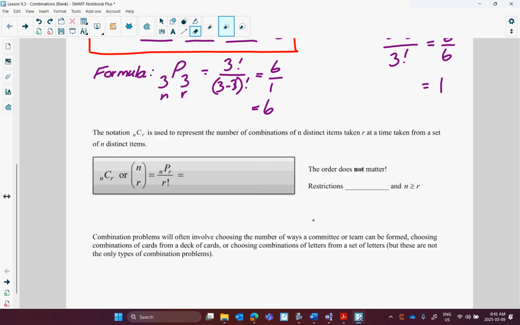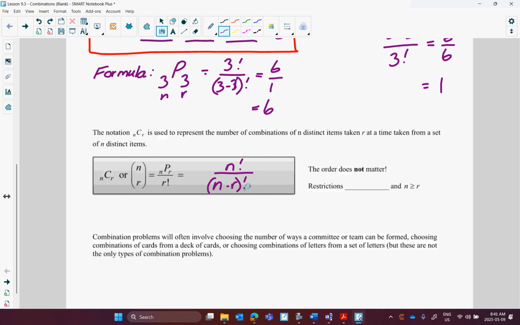When we did permutations, we did nPr. For combinations, we're going to use nCr. It's the permutation divided by the order. In other words, n factorial over n minus r factorial.